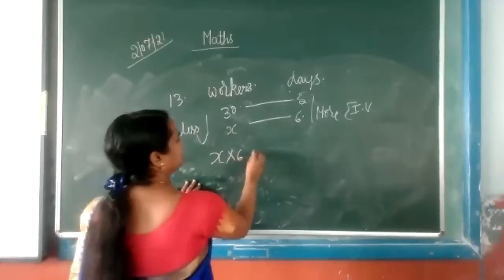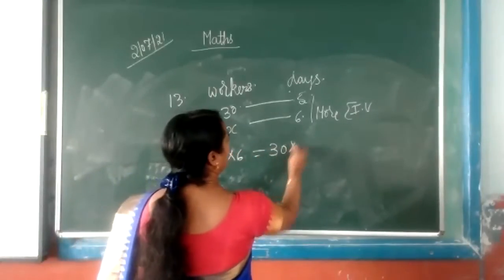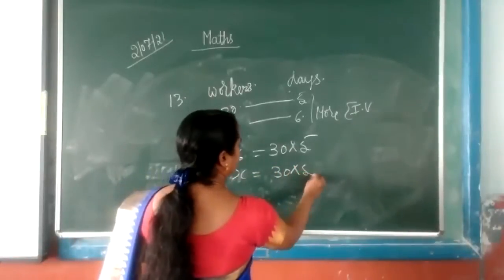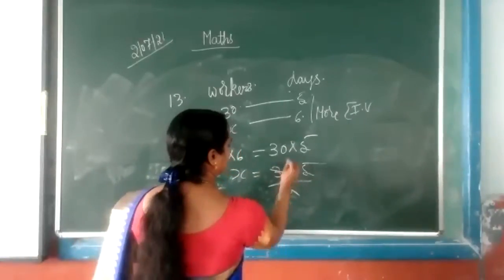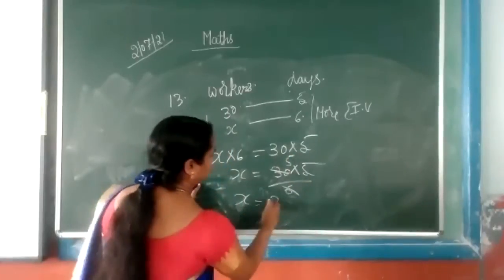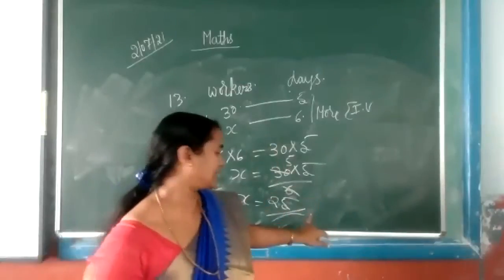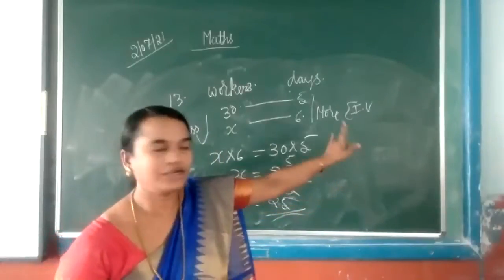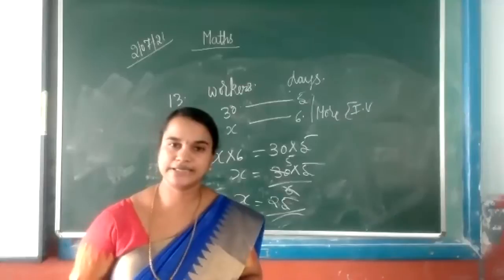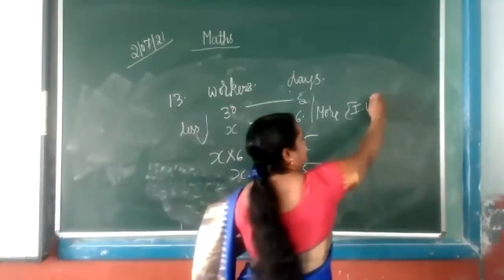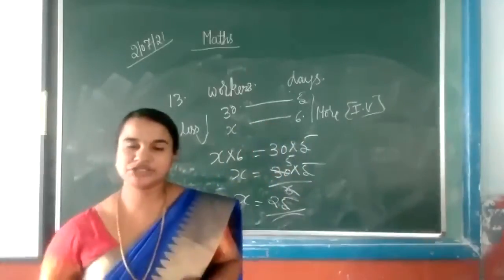So x into 6 is equal to 30 into 5. So x is equal to 30 into 5 upon 6. So x is equal to 25. So how many workers are required? 25 workers are required to complete the work in 6 days. Okay. If it is indirect variables, direct multiplication we have to do.